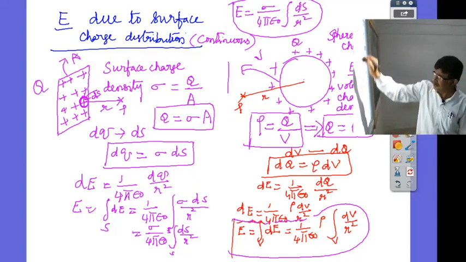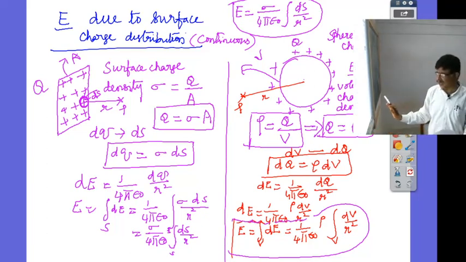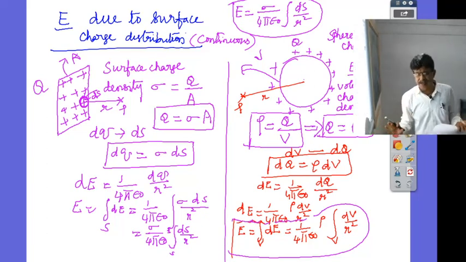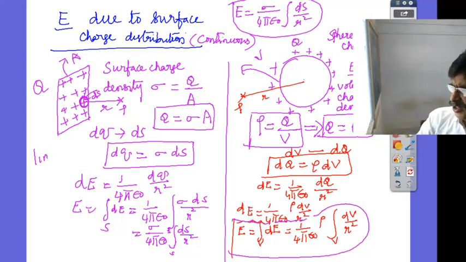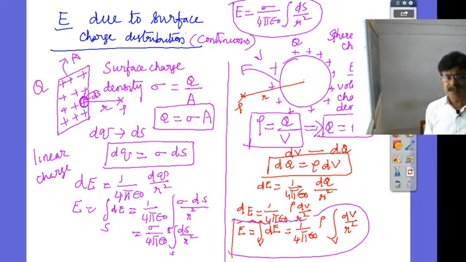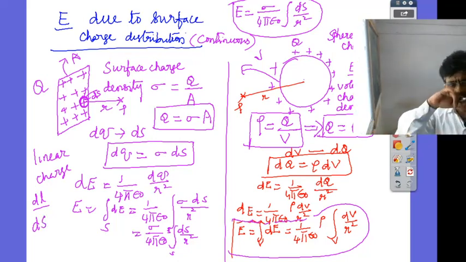Observe that the procedure we are adopting is one and the same in all three cases. In linear charge distribution, the point charge is the charge present on a length dl, and in surface charge distribution, the point charge is the charge present on a very small surface dS.